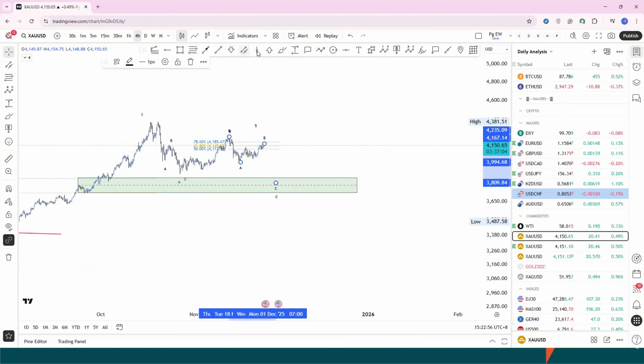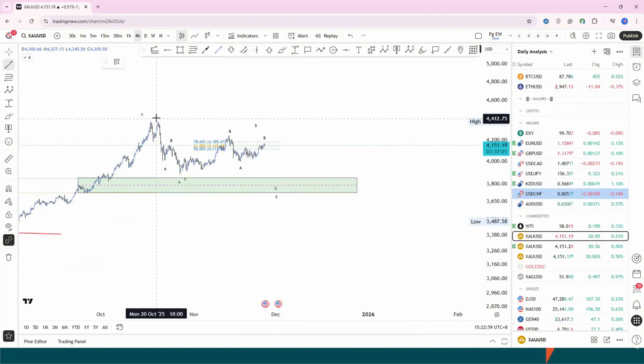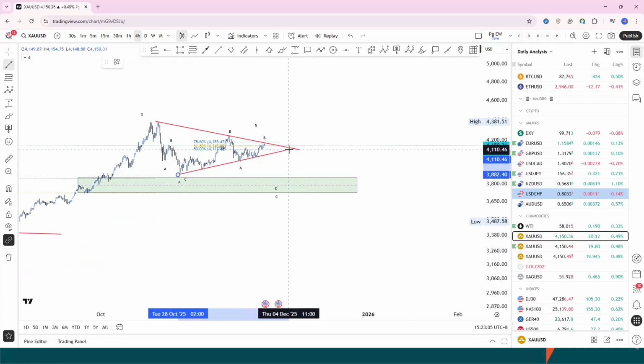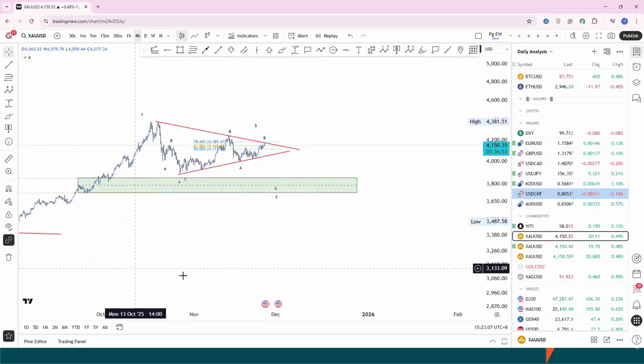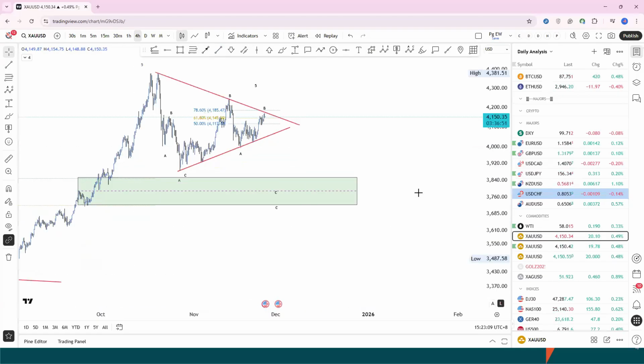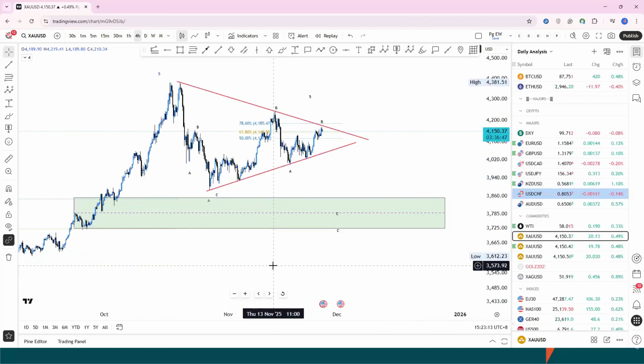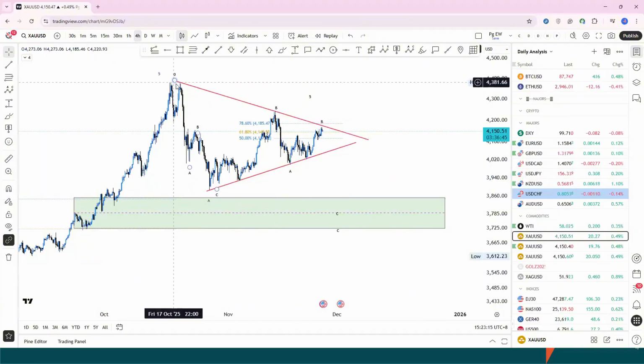Right now, H4, they are doing like triangle. To me, it look like that. Is it possible here gonna look like that?